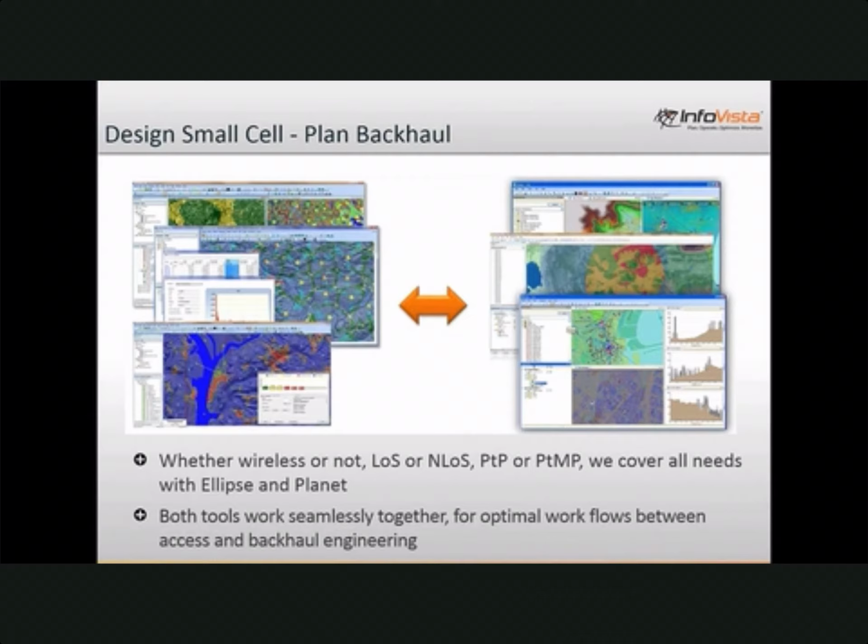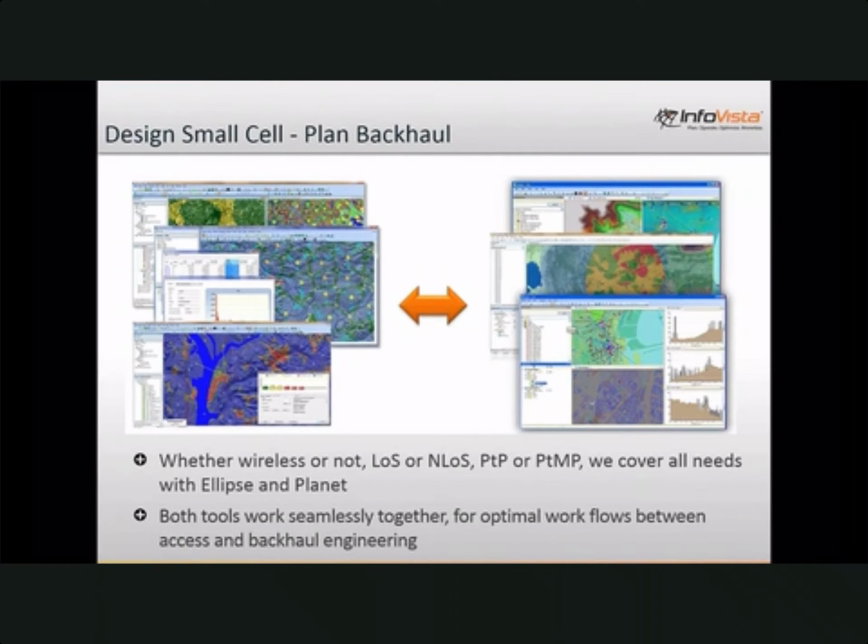So the initial stage you have to do in Planet, but we have an interface so you can easily import the location of the small cells into Ellipse to do the backhaul part. Some coverage predictions, especially for the sub-6 frequencies, can also be done in Planet, so it can be done in either of the tools. But you can flow in between and get quite good and accurate results.